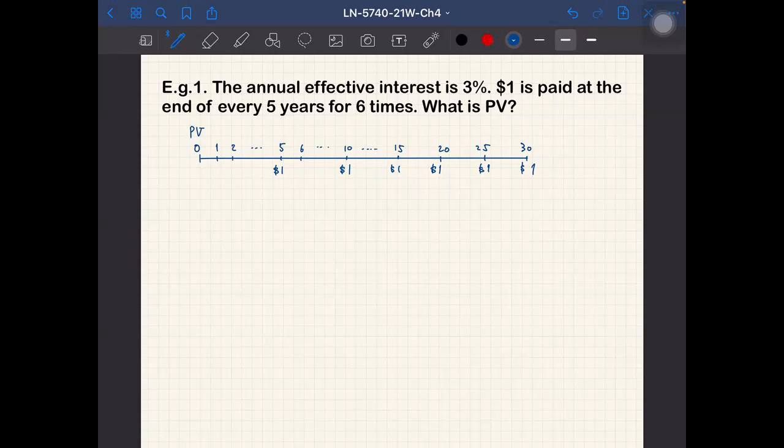So in this section, we use the payment period, the payment frequency, as the time unit. So i is equal to 3%, but this is annual, and we use the payment frequency, that is 5 years, as the time unit.